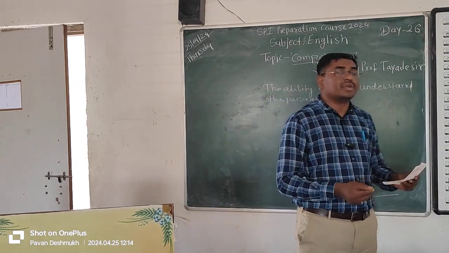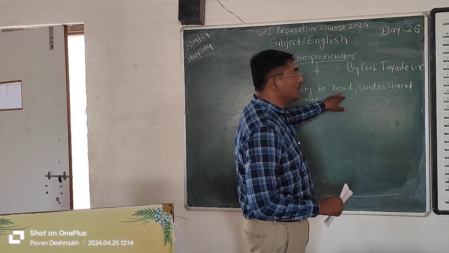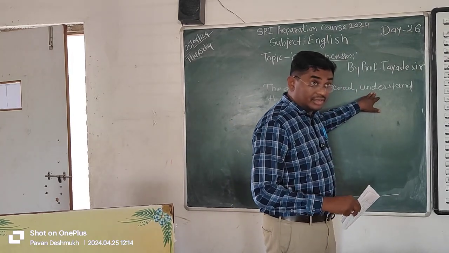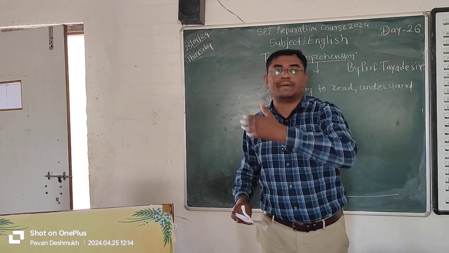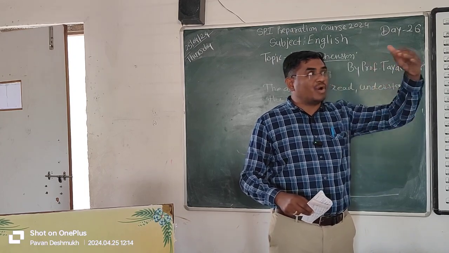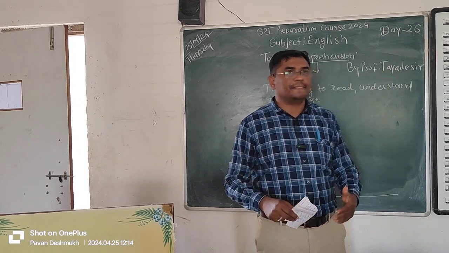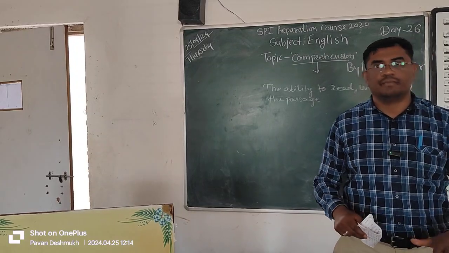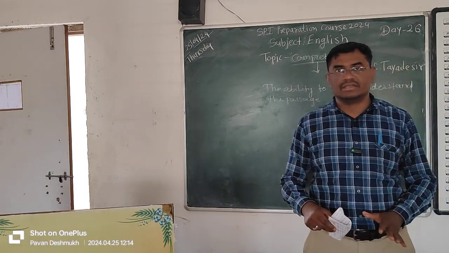Generally, for example, comprehension means that you have to read the paragraphs and understand them. You try to find out how much the student understands that paragraph, up to what capacity the student has. For example, we see so many children from 4 to 5 years old when they start to speak Marathi or another language.